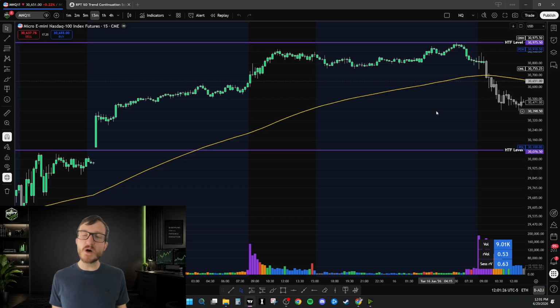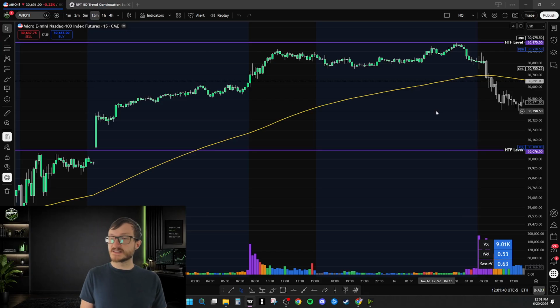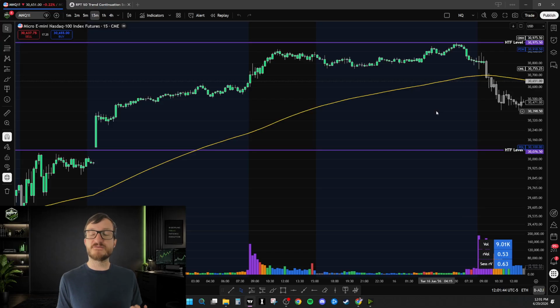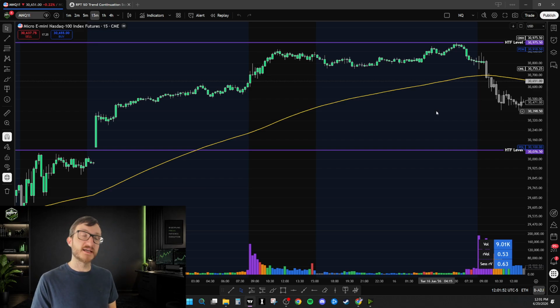Whether you use VWAP, support and resistance, EMAs, there are many different ways that people can define a bias or pick a direction for the day, week, month, however. Now, as many of you know, I personally advocate for a 5-day trend. So we're really tracking the movement over 1 week of trading to define direction and strength.